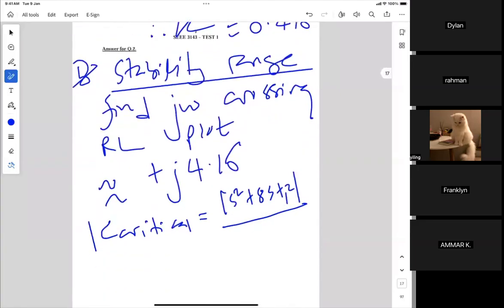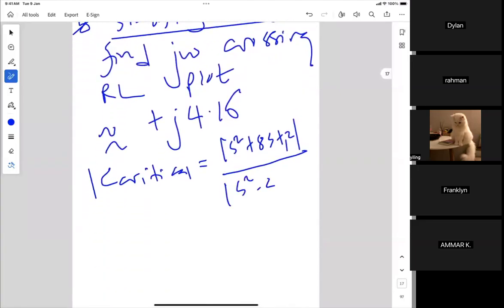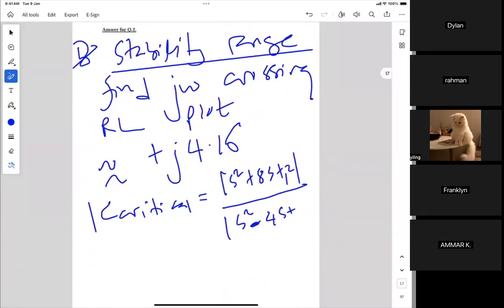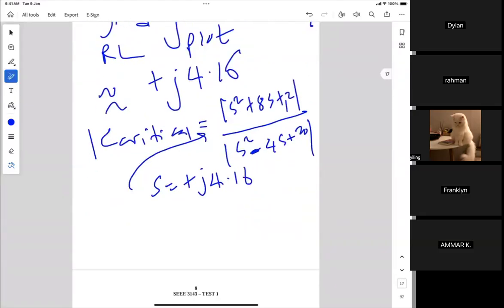S squared minus 4S plus 20. Kan? So insert S plus J 4.16 inside here. Then you get the K critical. 2.008, dua lah.